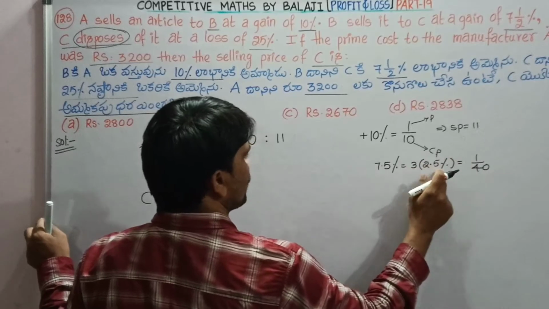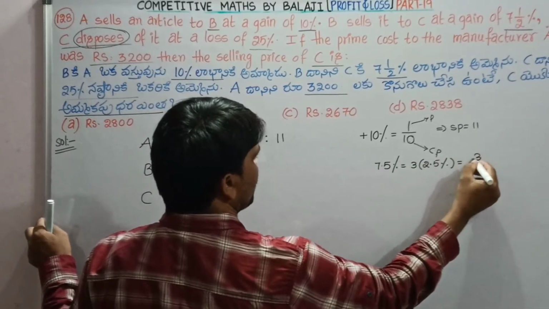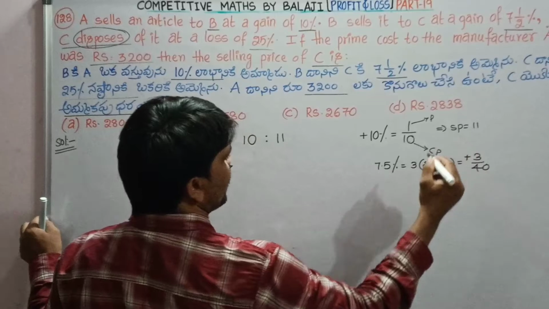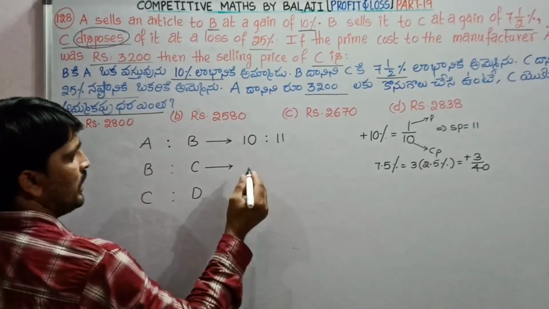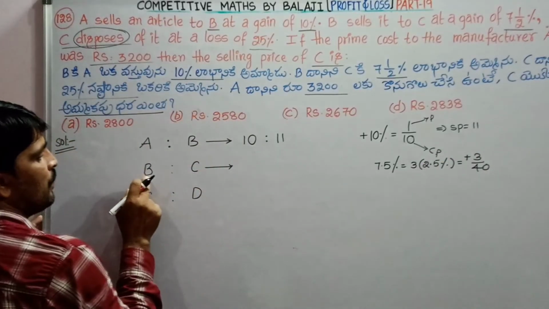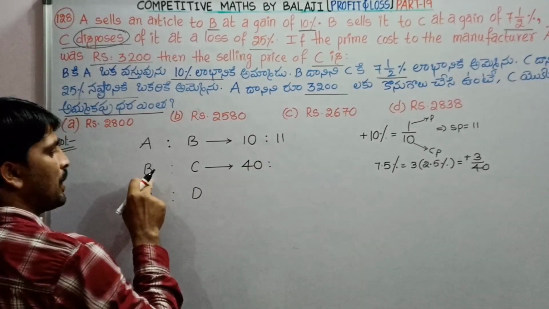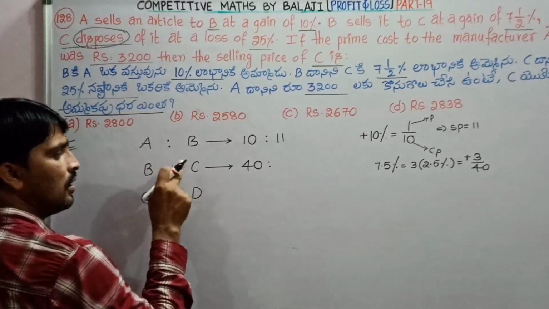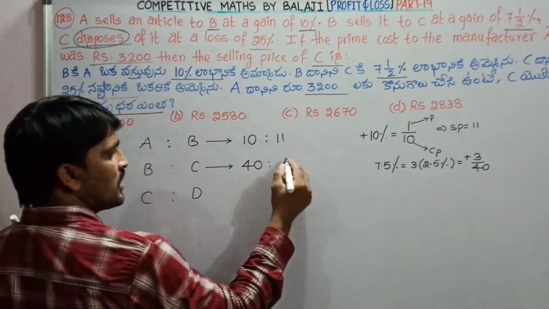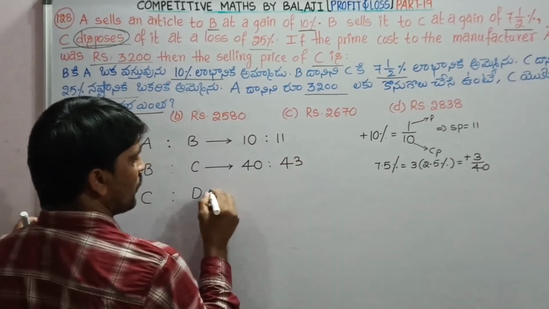Since it is 3 times of 2.5%, we get 3 by 40. And it is a gain, so use plus symbol. That is, cost price of article for B is 40 units. Then selling price of the article for B or cost price of the article for C is 43 units.